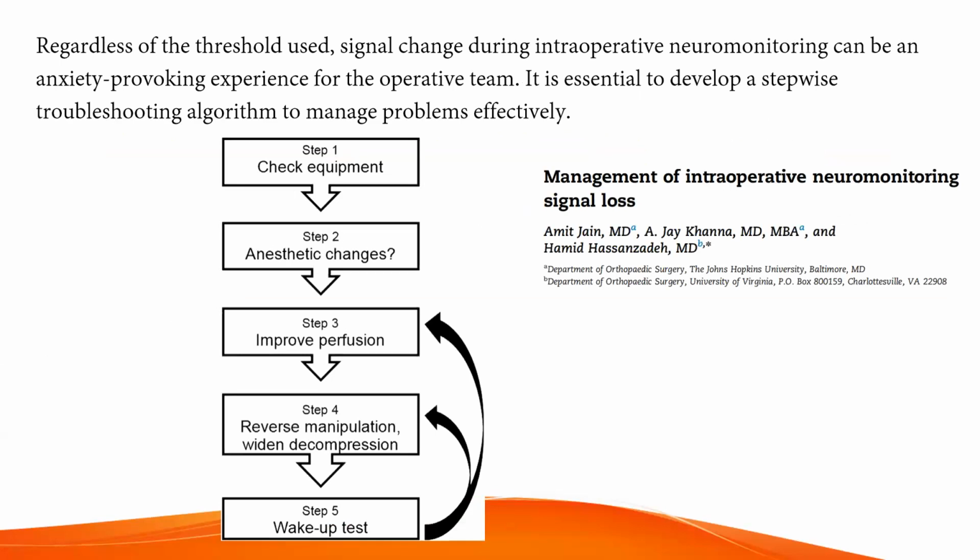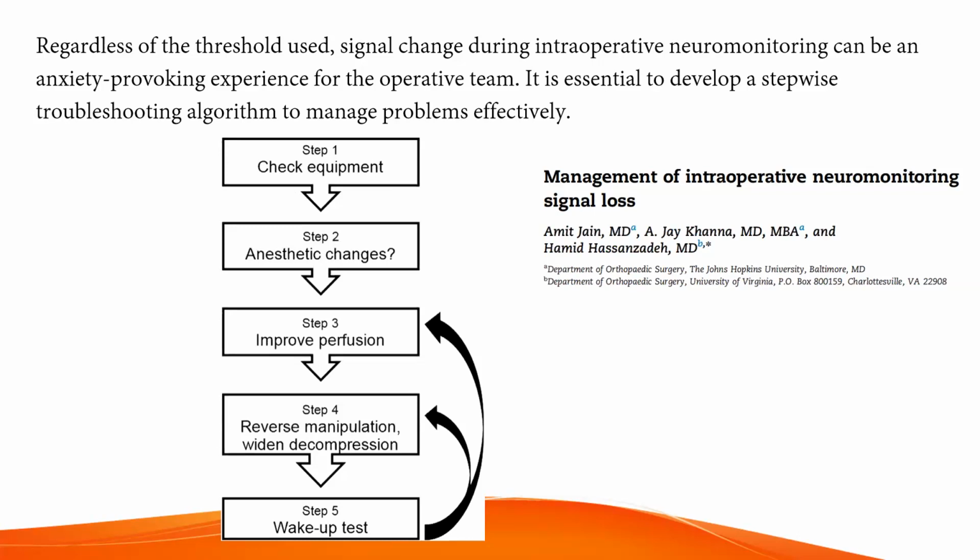First step, always check the equipment. Second, check for anesthetic change. Did they change any medication? Step 3, improve the perfusion. Step 4, reverse the manipulation and widen the decompression. And stage 4 is like going back to the age-old classical Stagnara wake-up test.